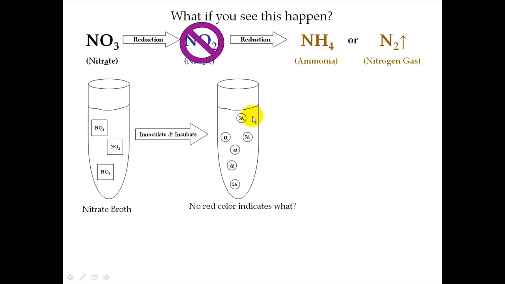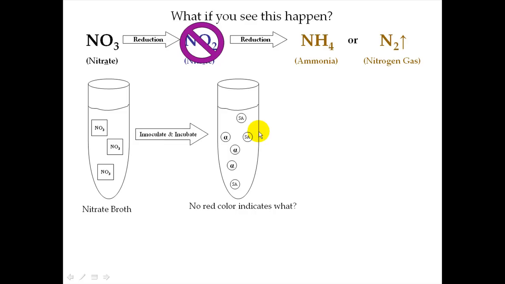There could be no nitrites in the tube either because, one, the bacteria were not able to reduce the nitrates to begin with, or another reason is that the bacteria reduced the nitrates, but all the way down to ammonia and nitrogen gas. So there are two possible reasons why there are no nitrites in the tube.